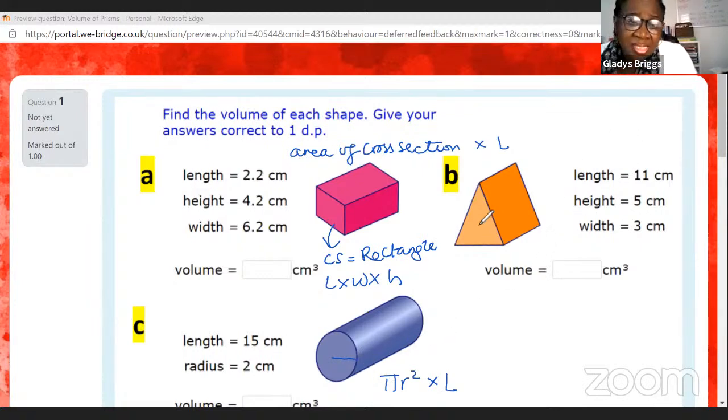And here it's a triangle, so what's the area of a triangle? Base times height over 2, times the length.